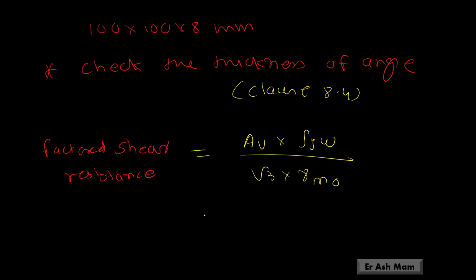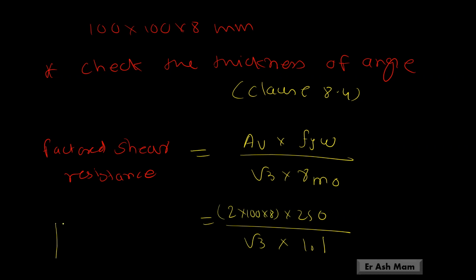Here fyw is 250, gamma m0 is 1.1, and Av, the shear area, equals 2 into 100 into 8.